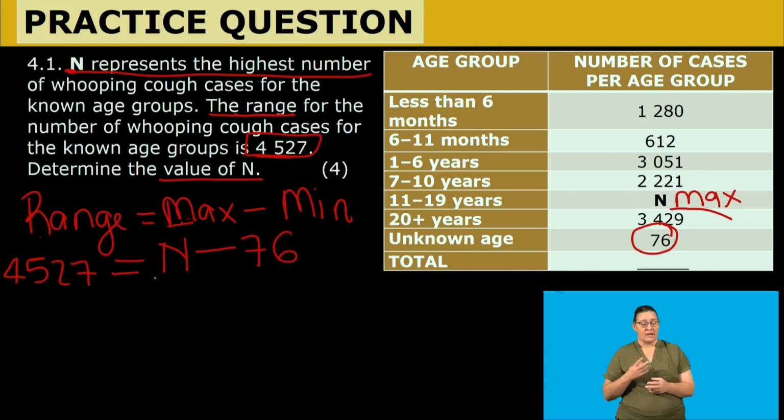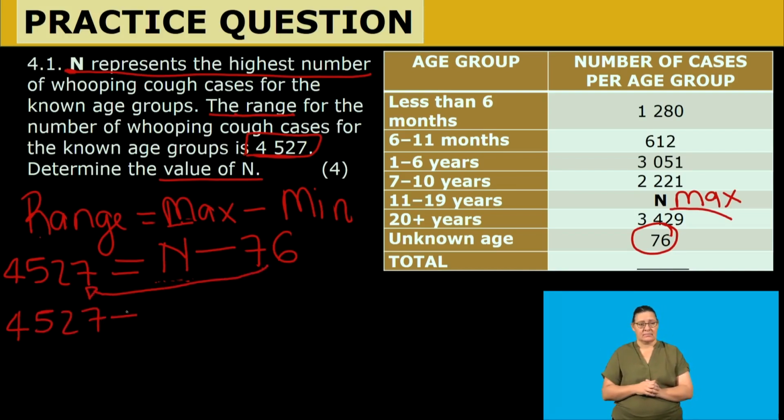I want the value of N. I want only N. So we'll take the 4,527. This 76 is negative. When you bring it this side of the equation, it will become positive. A positive 76 equals to N. And then here, these are the big values.